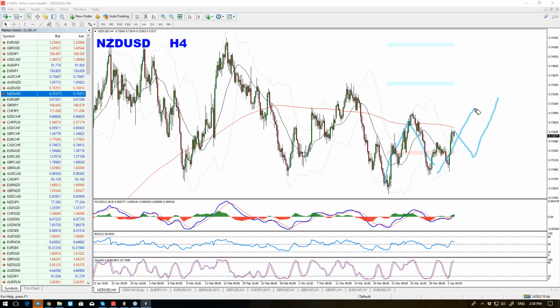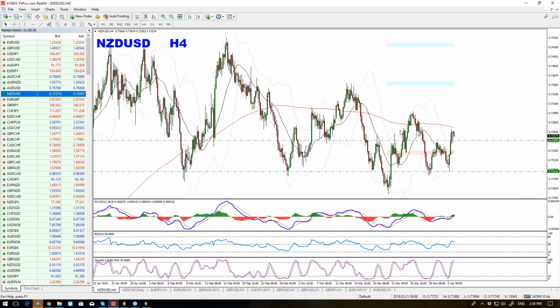So Kiwi dollar for long term is bullish. So we need to see a bearish hidden divergence on a daily or 2 waves up on a daily to go for sell. But on the short term, due to the way it behaved since then, a false break might make it a possible ranging cycle here.